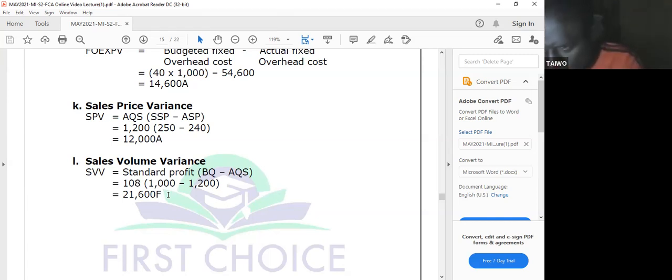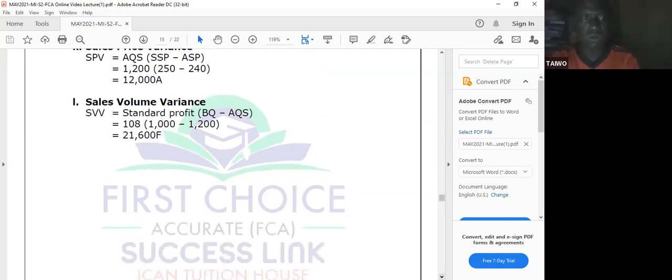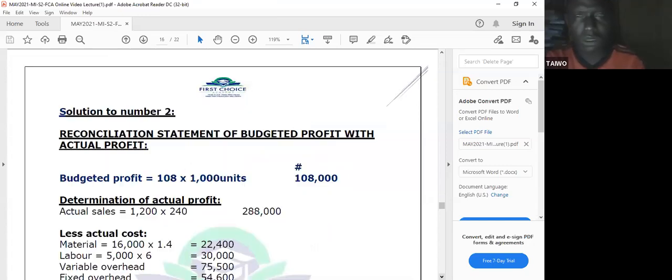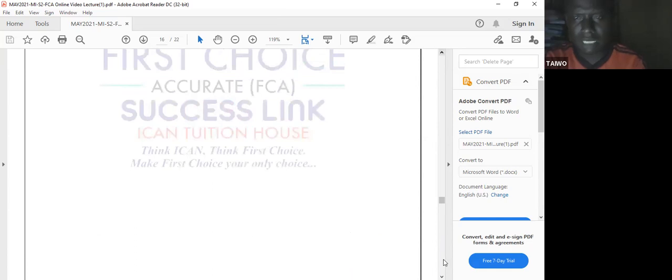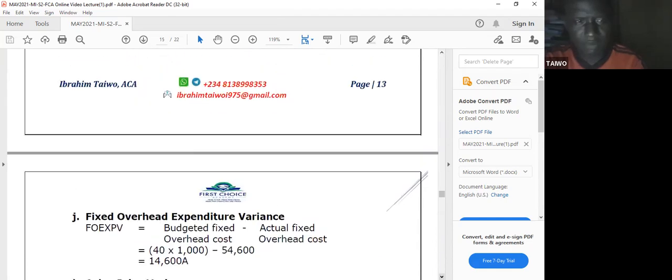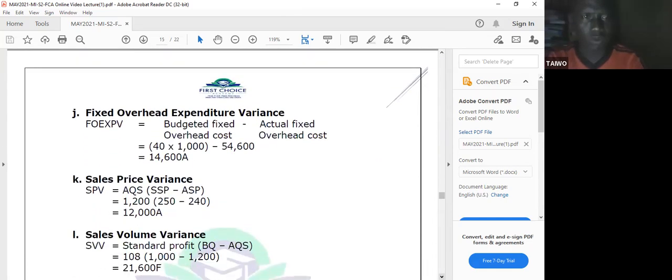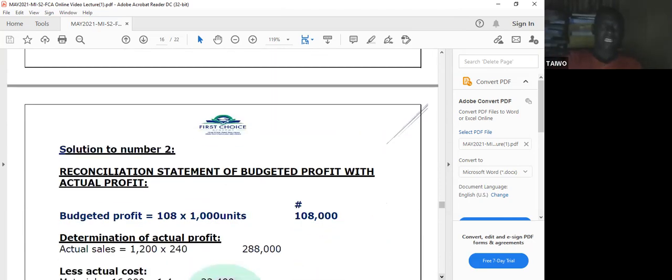Now let's go on from here. Let us now look at how we reconcile. We have computed all the variances.